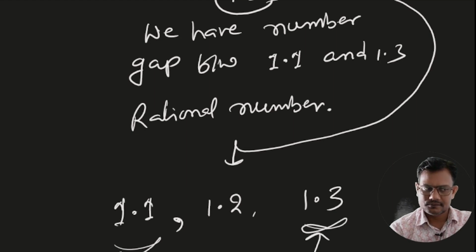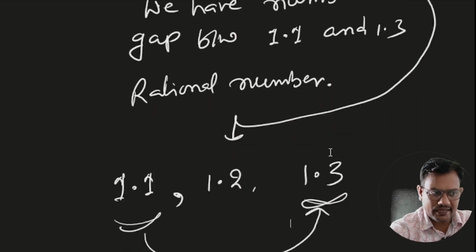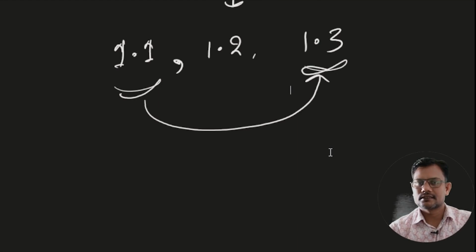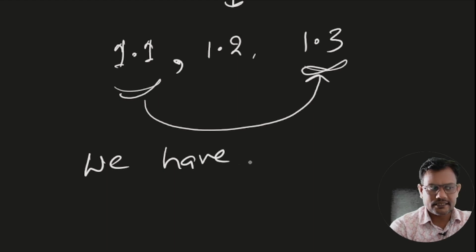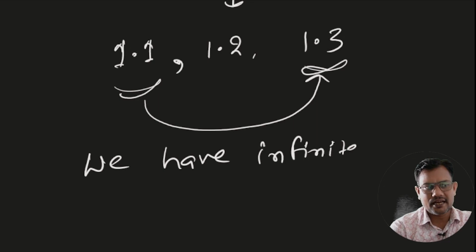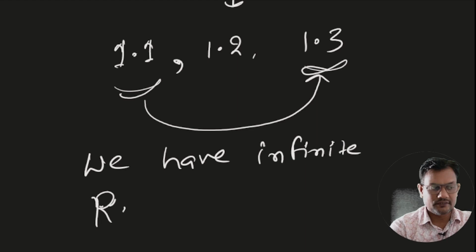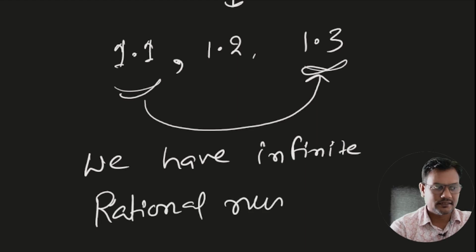Understood? So that's why we always say that we have infinite rational numbers between two numbers.